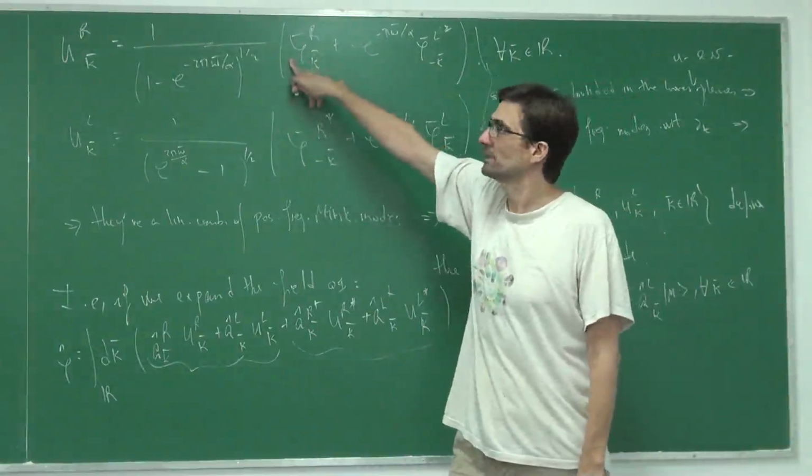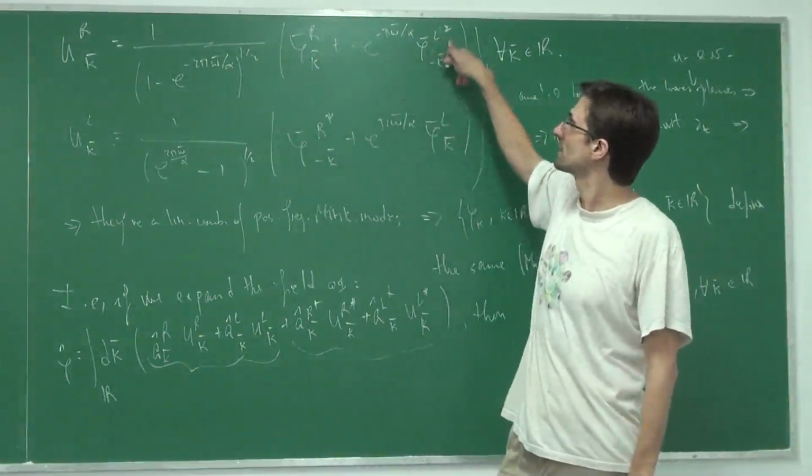The alphas are the coefficients of this, and the betas are the coefficients of the complex conjugate.